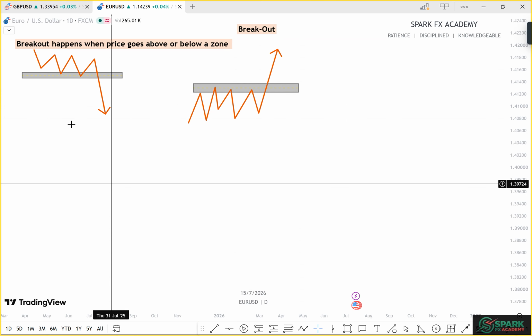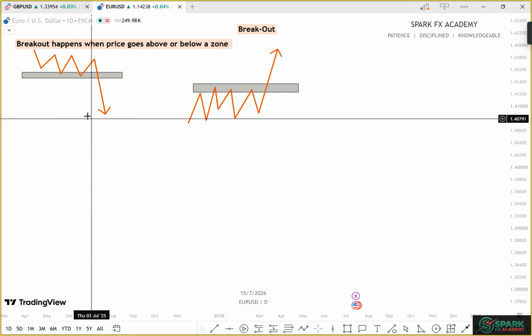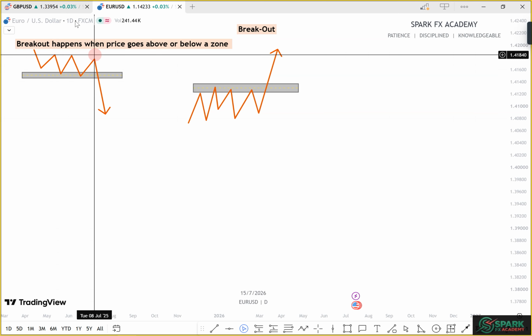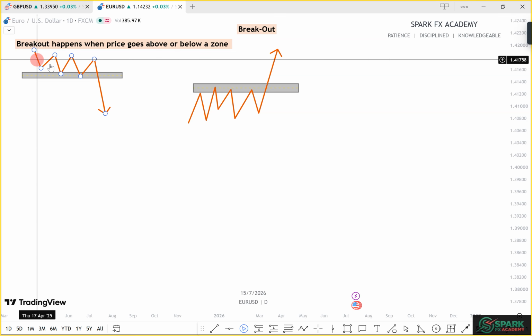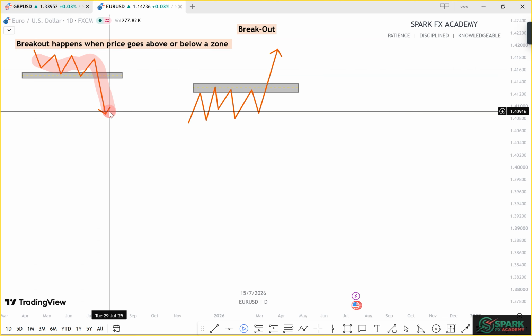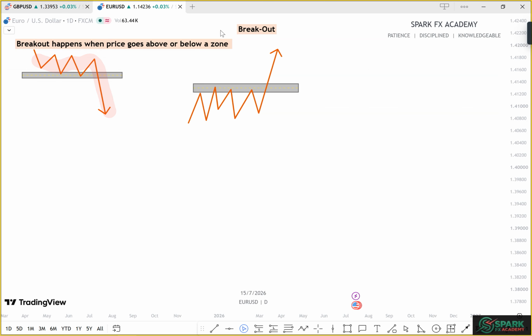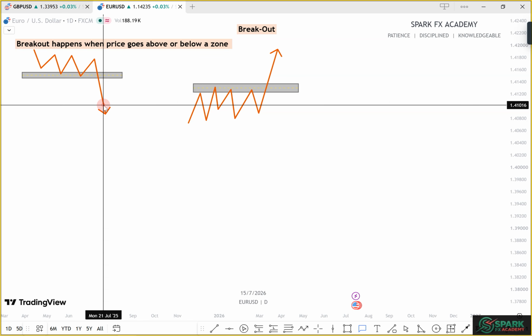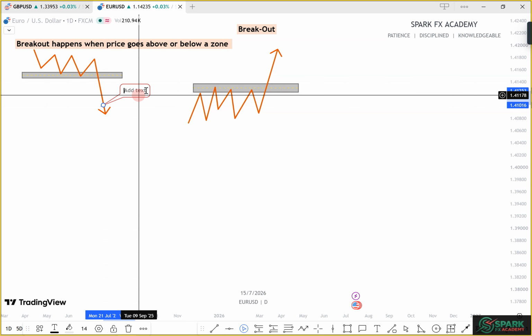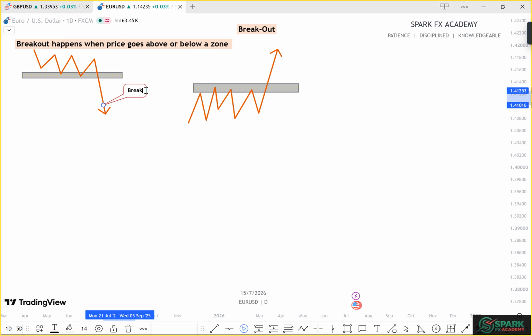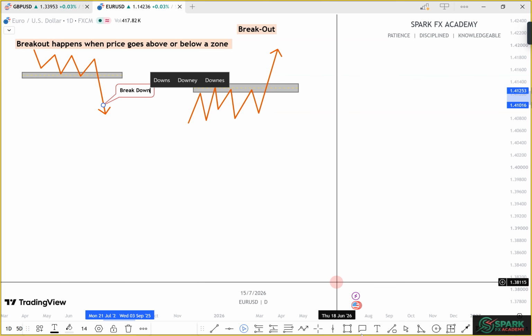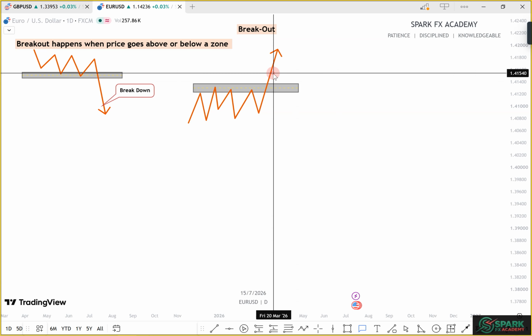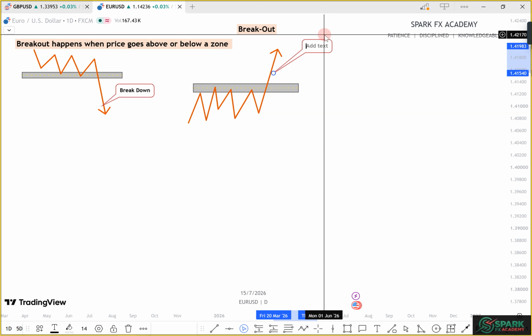So this is two breakouts. You can see in this case, the zone here is, you can see price respecting the zone and then price broke down. This is called a breakdown. This is called a markup or a breakup. I don't want to use the word breakup, so it doesn't sound like relationship kind of stuff. But then this is a breakdown, and then this is a markup.